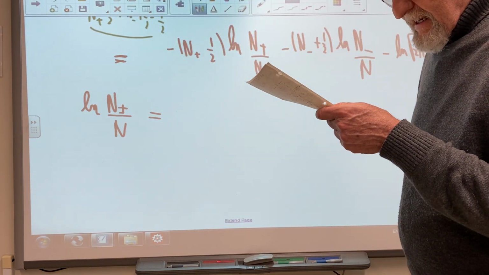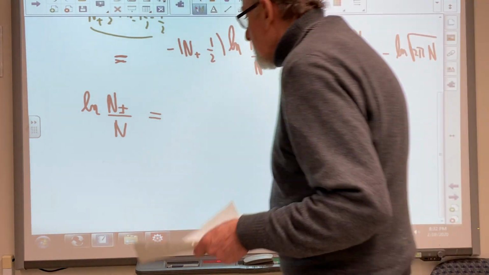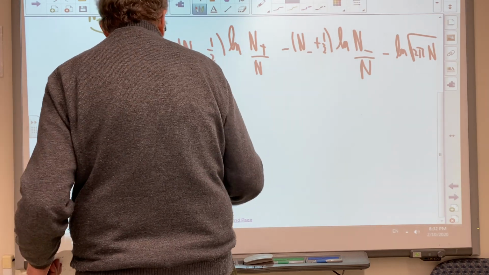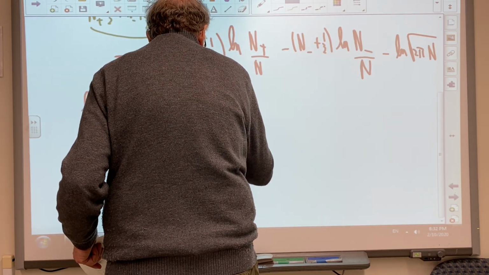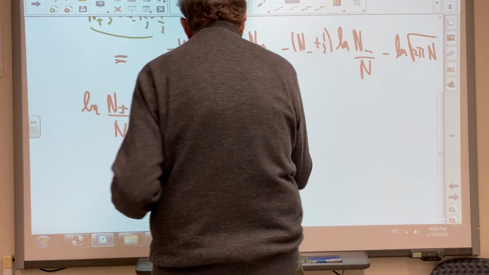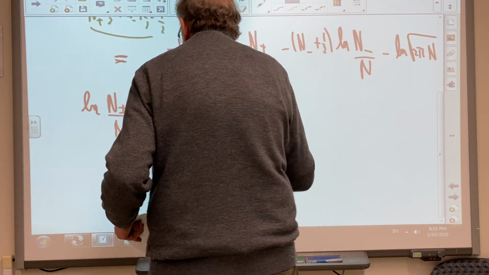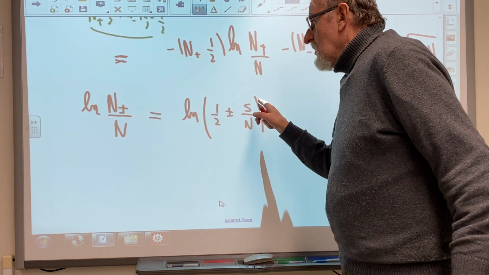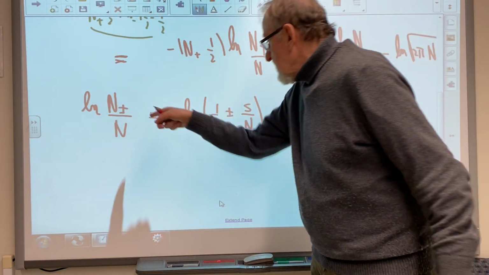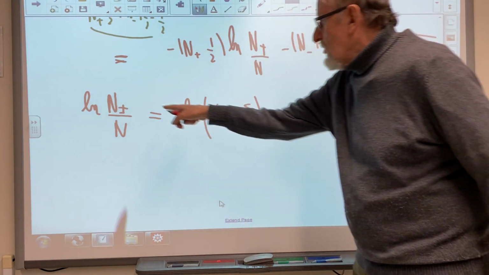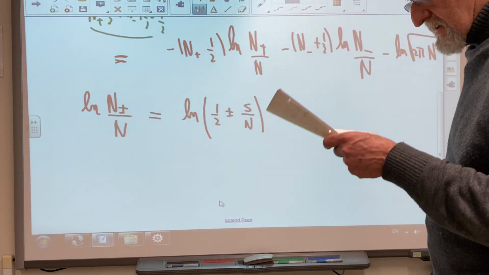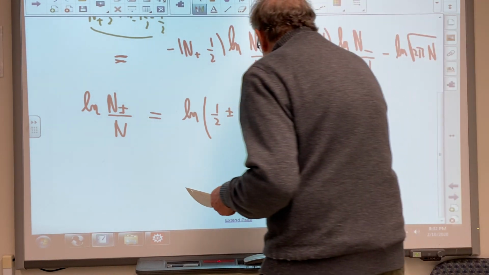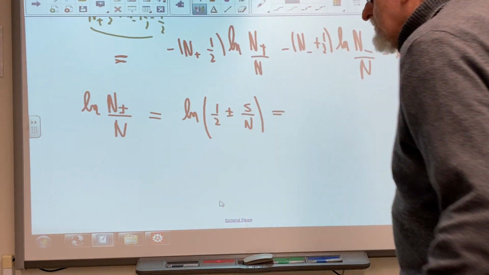Okay? This is n plus or n minus over n is the logarithm of 1/2 plus or minus s over n. Because remember, n plus was n over 2 plus s. So when I divide by n, I get 1/2 plus or minus, according to this, s over n. And this I can even write one more step.